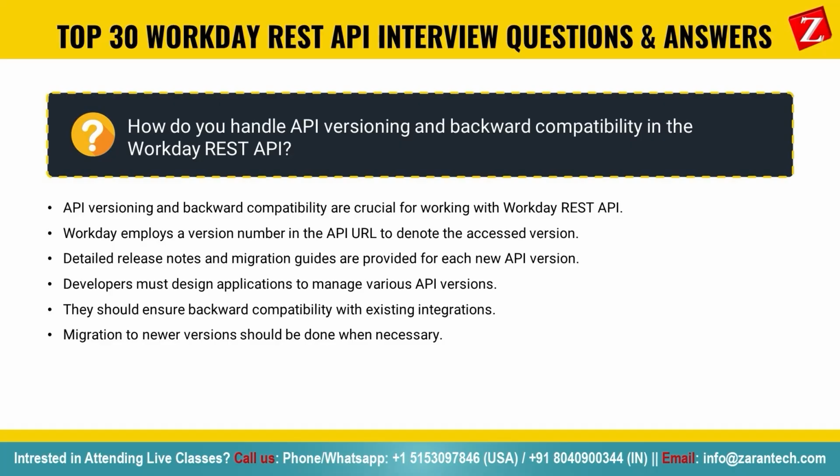For instance, if version 2 of the API is deprecated and no longer supported by Workday, developers will need to migrate their applications to a newer version to ensure continued functionality. Managing API versioning and backward compatibility is essential for seamless integration with the Workday REST API. By following best practices and staying informed about API updates, developers can ensure their applications remain robust and up to date.